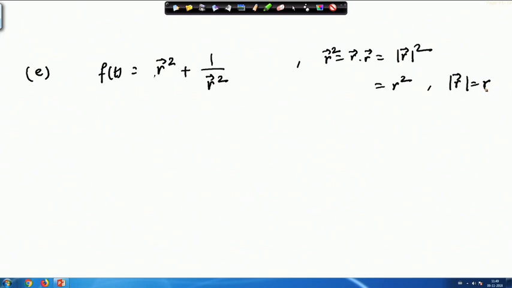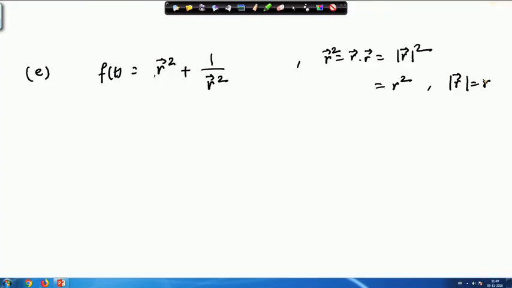So remember, this scalar r and this vector r are two different things, because this is a scalar function of t, whereas this is a vector function of t. It's just that mod of r, that means the magnitude of r, is equal to a scalar r, where scalar r is also a function of t, but it's no longer a vector. So there is a big difference between a vector r and scalar r, although I am using the same notation.